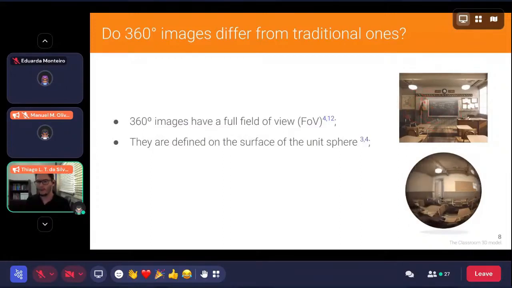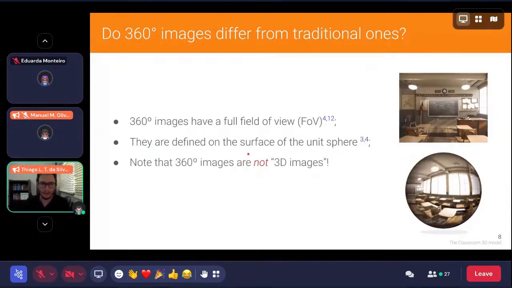This regular camera has a narrow field of view and captures a portion of the scene, and the spherical camera has a full field of view and it captures everything in the scene and maps it to a sphere. So the data acquired from a spherical camera is mapped or is represented on the unit sphere.